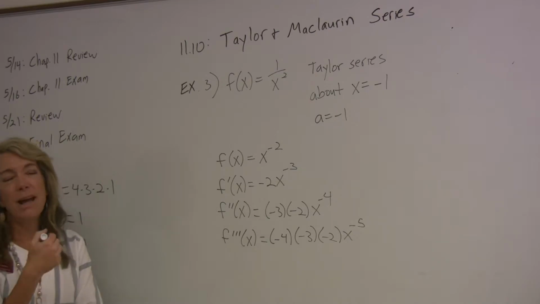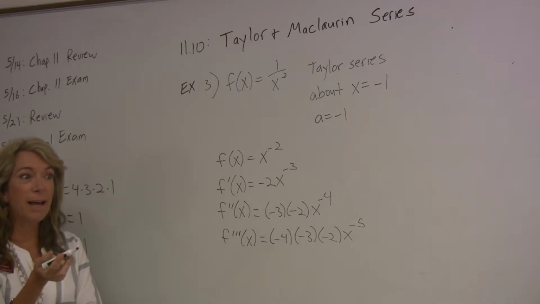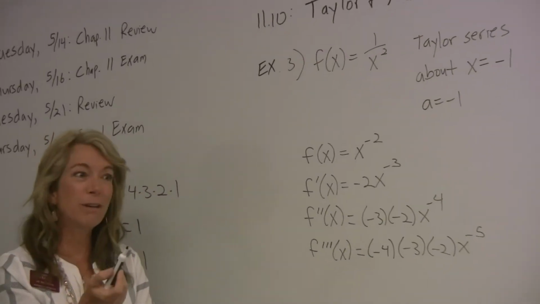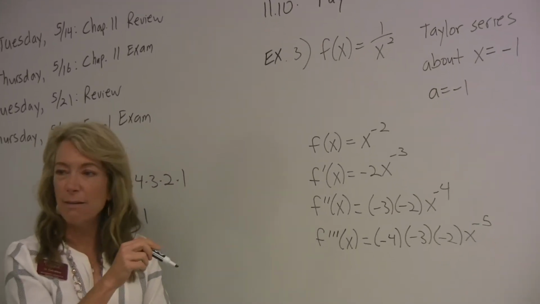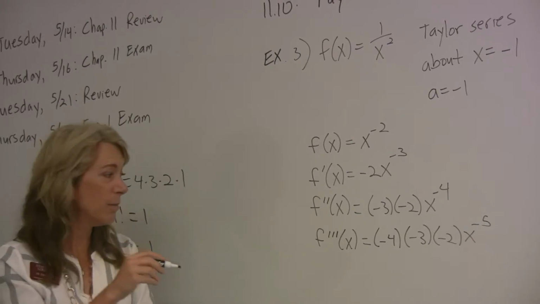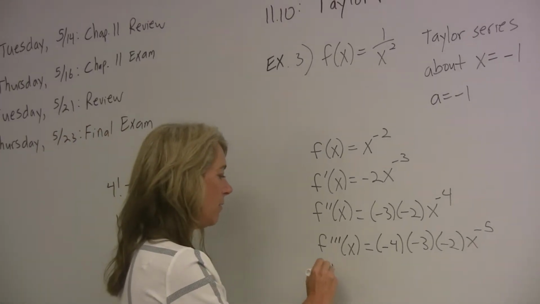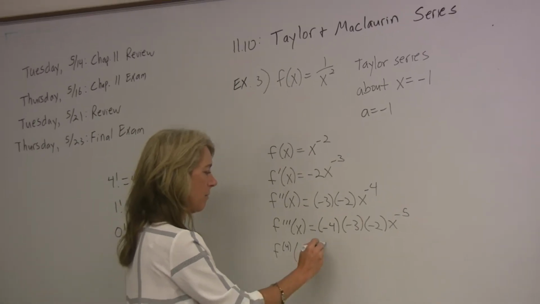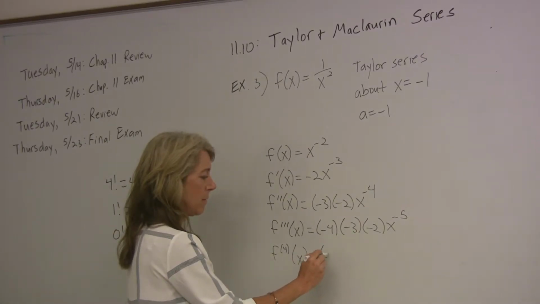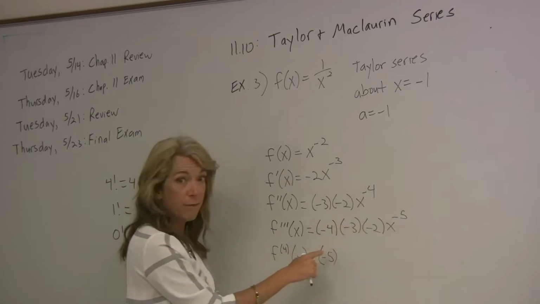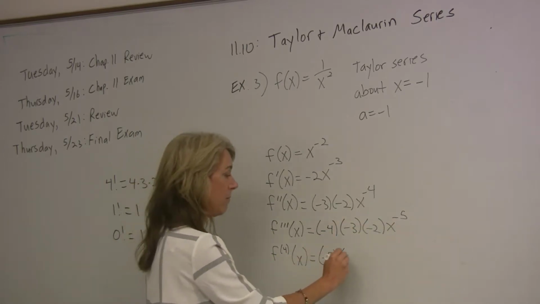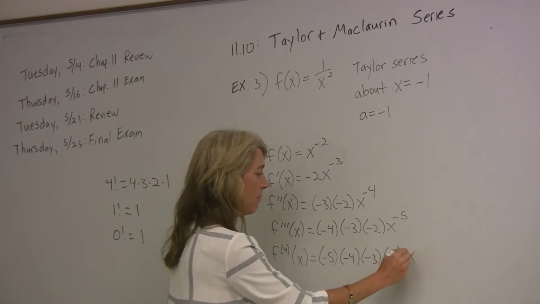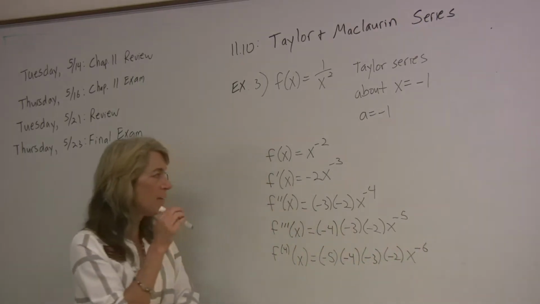I've done enough of them in my life that I recognize probably up to 6 factorial, but most of us don't recognize them. So when you leave it without simplifying, you can recognize the factorials a little bit better. Let's do one more derivative. What's the fourth derivative going to be? It'll just be negative 5 times all that, right? So I've taken 4 derivatives.